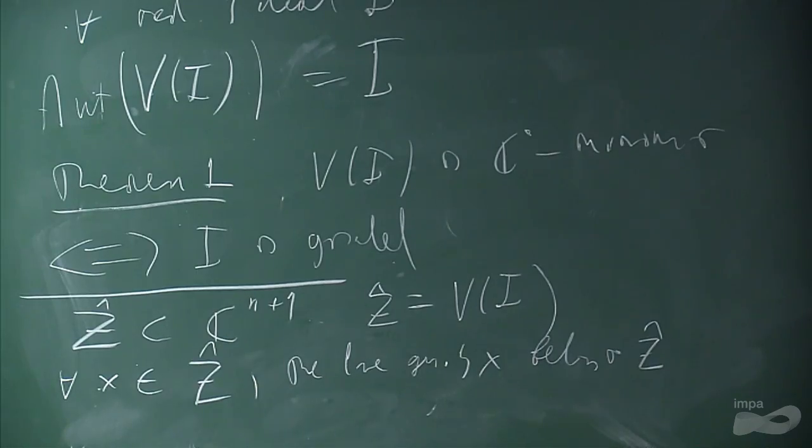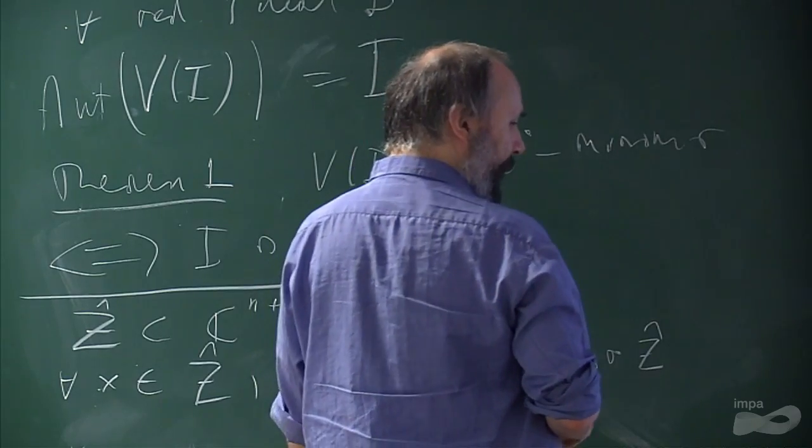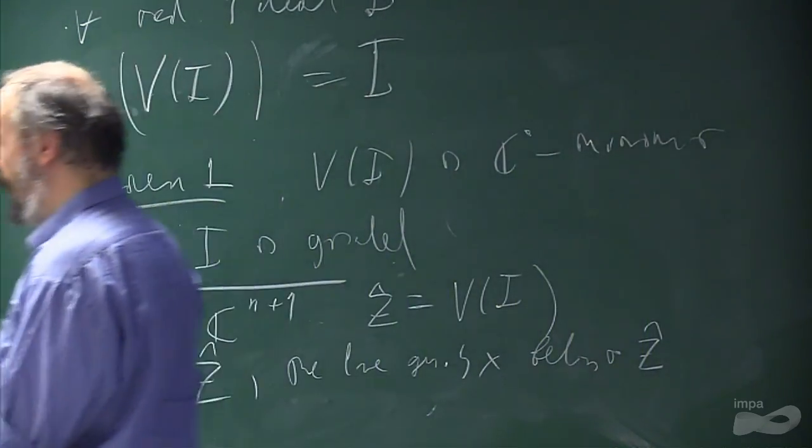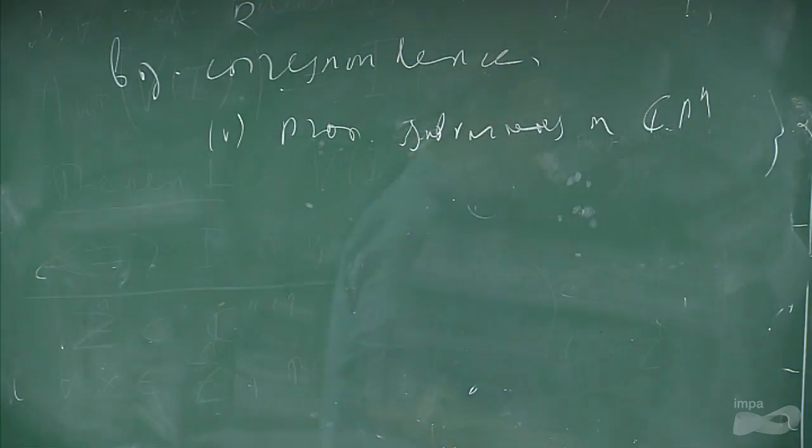The first is subsets in CPN which are defined by graded ideals, so projective subvarieties in CPN. The second equivalent one is non-empty C star invariant subvarieties in C^(n+1).